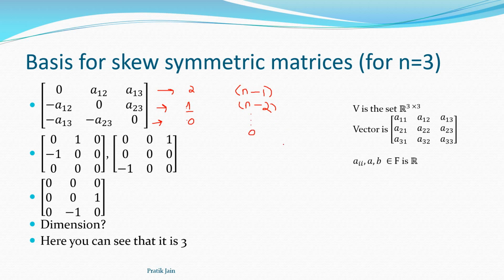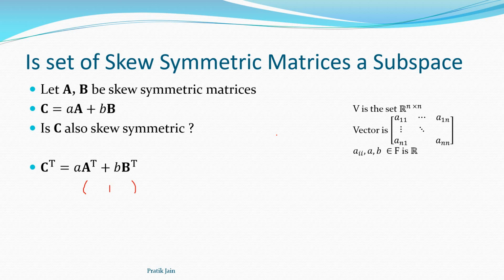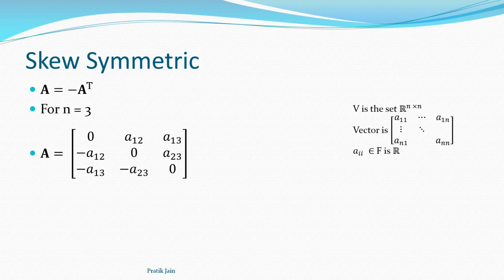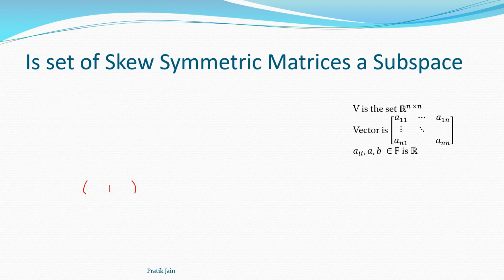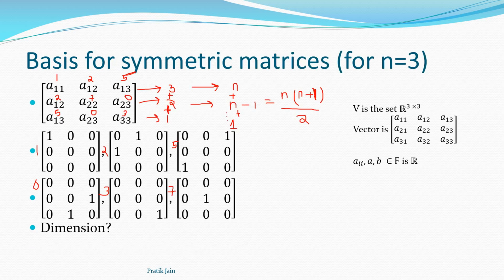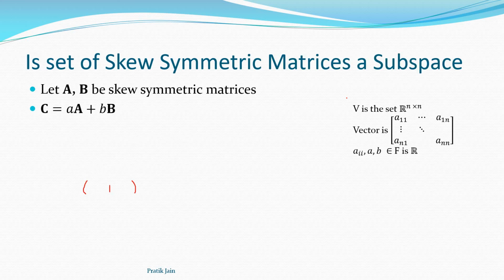So for the symmetric case, if you remember, it was n into n plus 1 by 2. If you just replace n by n minus 1, so this n will become n minus 1, and here you'll have n minus 1 plus 1, that will become n, right? I'll again write it for you.